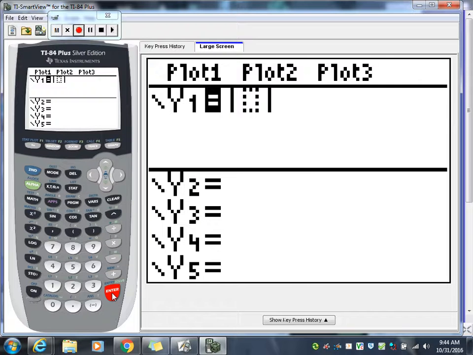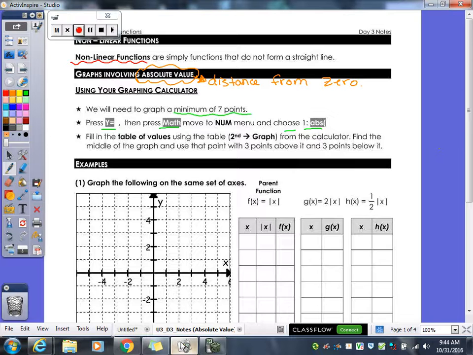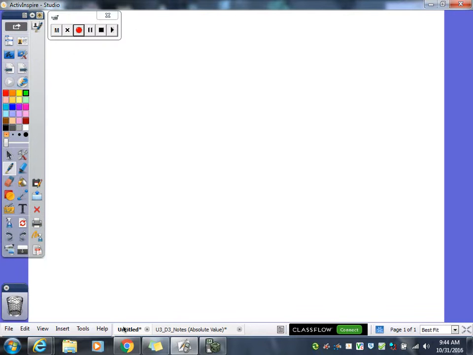If you have one of the newer operating systems, it will give you the absolute value bars just like it has up here on my calculator. If you have one of the older systems, yours is going to have ABS and then a parenthesis. So that just means it's the same thing as the absolute values. They're not just going to give you the bars.